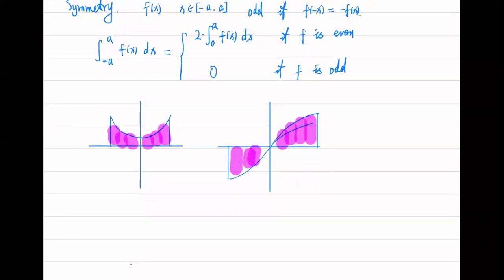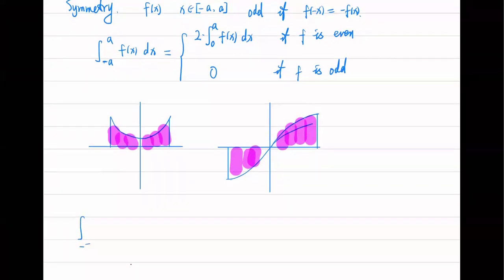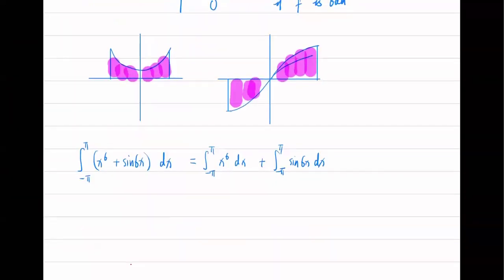Okay, try one example. For this one, we could find the antiderivative, but we observe this one is even and this is odd. This one even and this is odd.